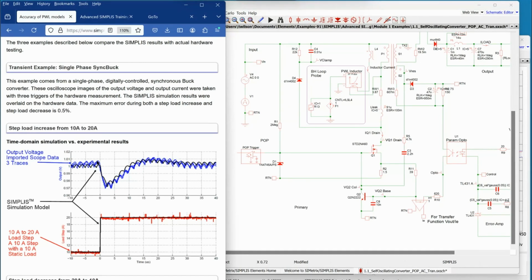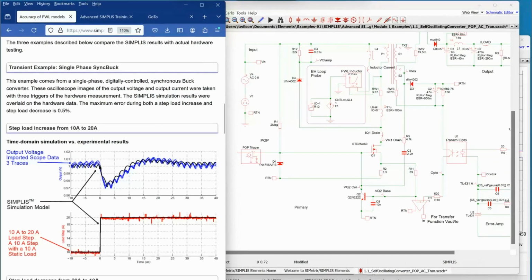The scope traces don't trace one on top of the other as they might with a pure analog control circuit. This is 3 traces of the oscilloscope and only 1 trace of SIMPLIS. If we did 3 traces of SIMPLIS, you could see the same kind of fuzziness. The model is set up as a pure digital control.